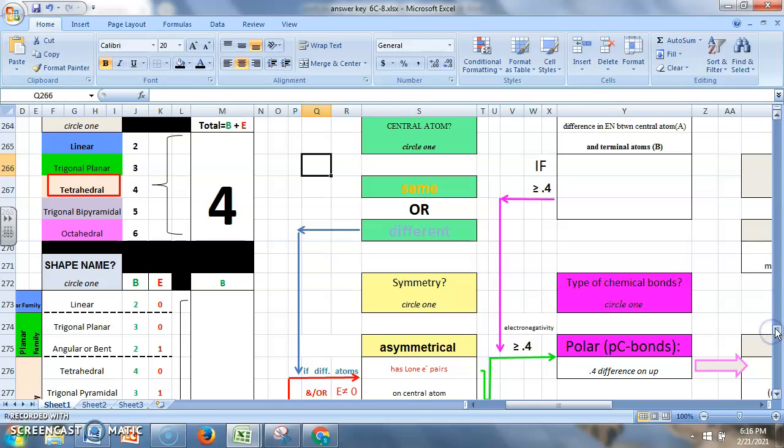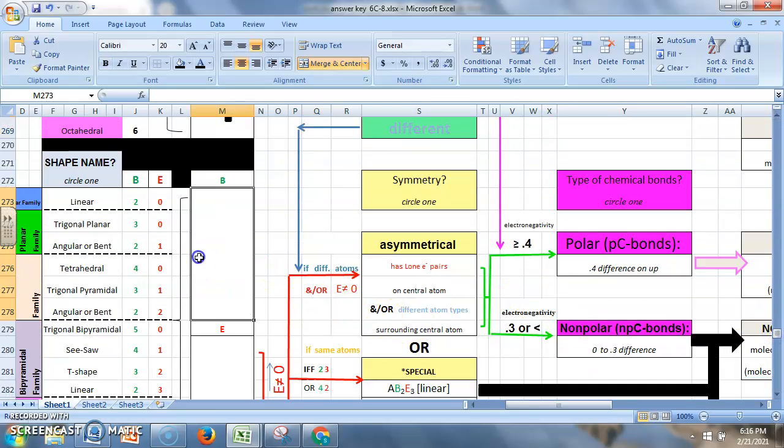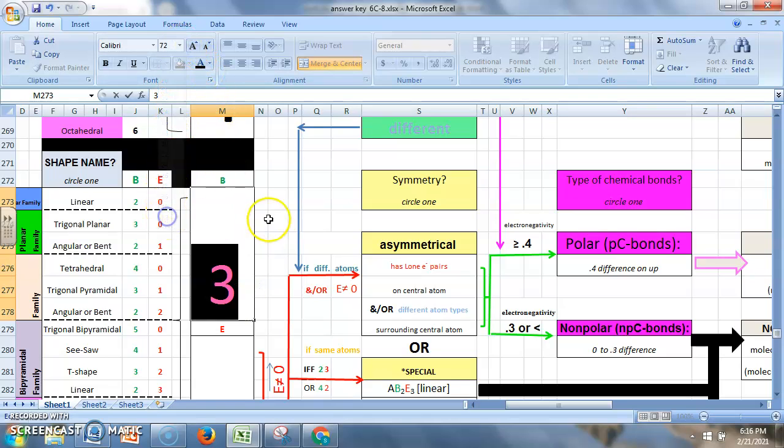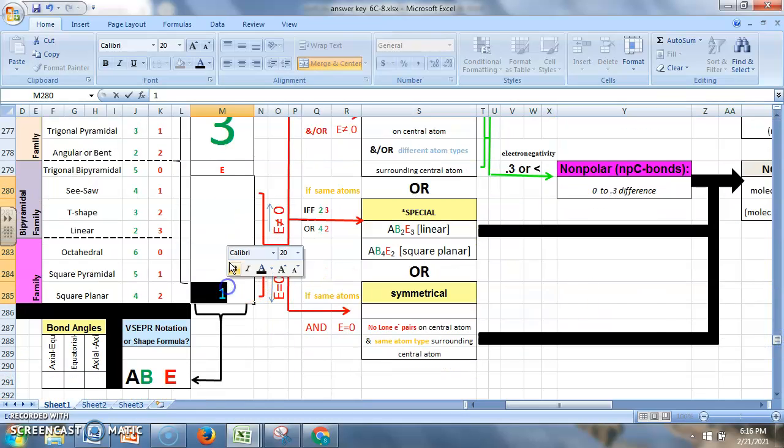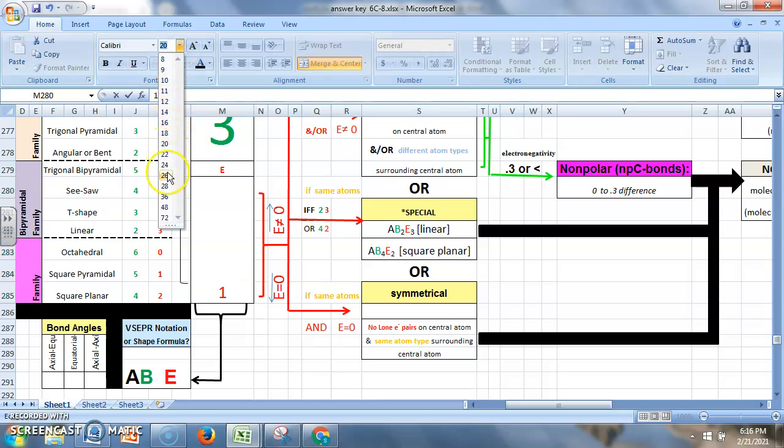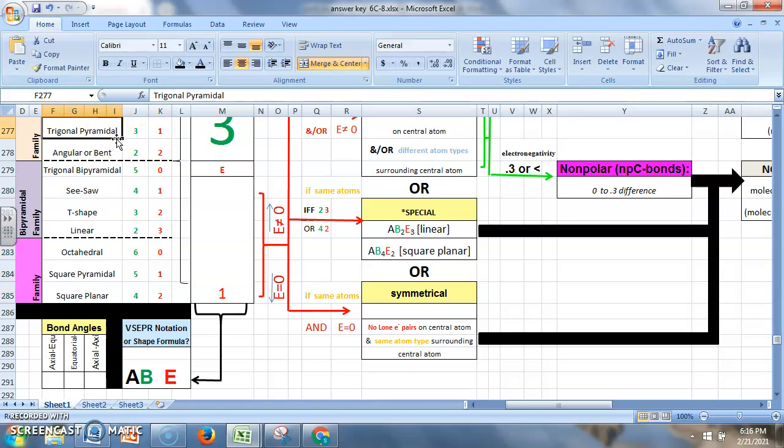Which member of the tetrahedral family is it? We can get that by realizing we had 3 atoms on the central atom, and we had 1 lone pair on the central atom. The 3-1 takes us to the molecule which is called trigonal pyramidal.